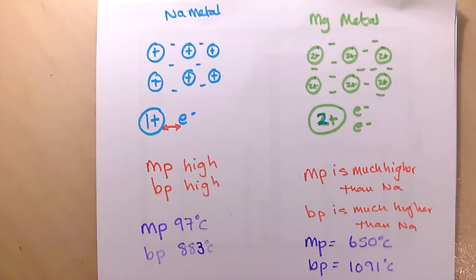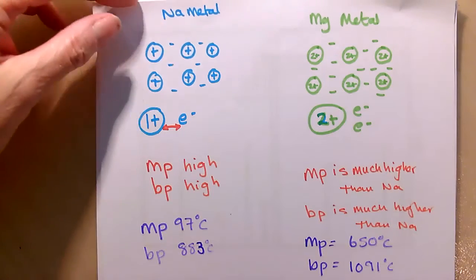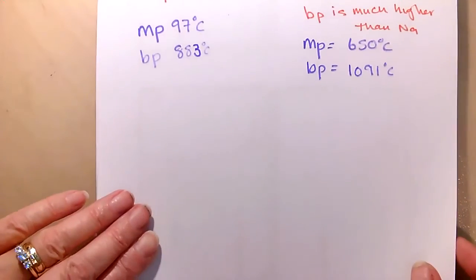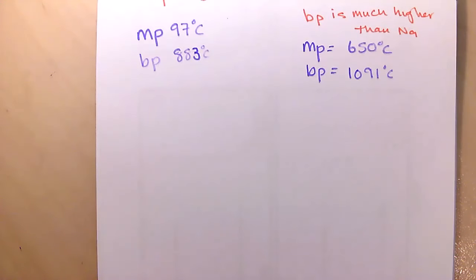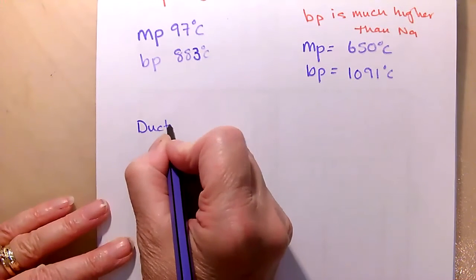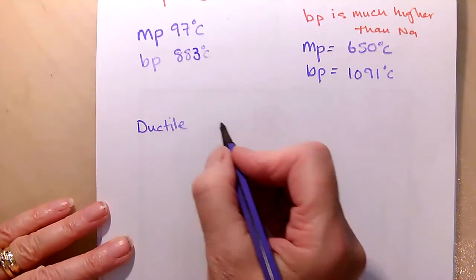Okay, so I hope that's covered most of this. There are only a couple more things I need to talk about, and that is how metals tend to be ductile, which means you can draw them into a wire.